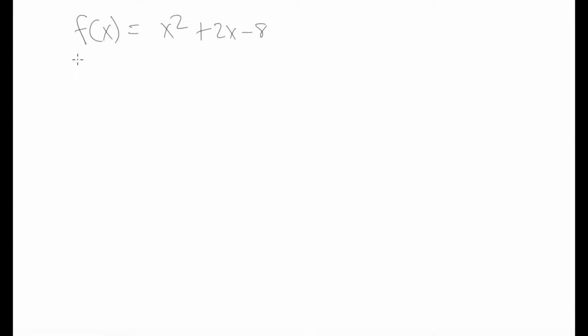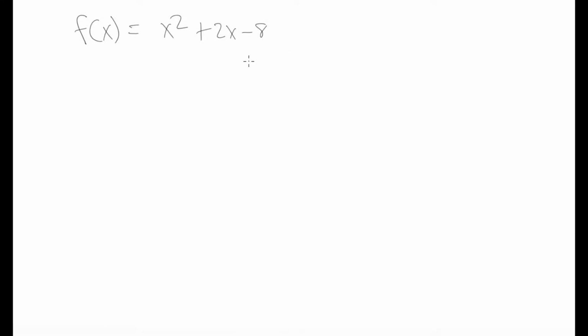Well, we know that our x-intercepts are going to be the points at which our curve is going to cross the x-axis. And curves are going to cross the x-axis when our y-coordinate is equal to 0. So in order to find any x-intercepts, we have to set our y equal to 0.